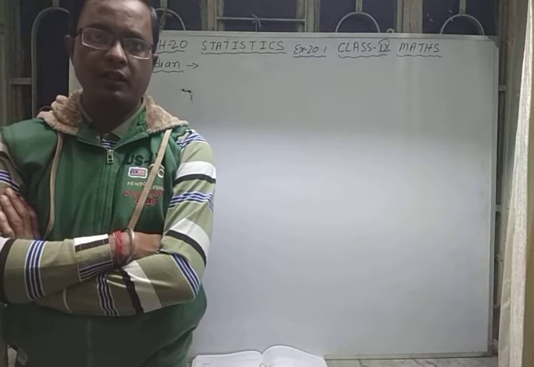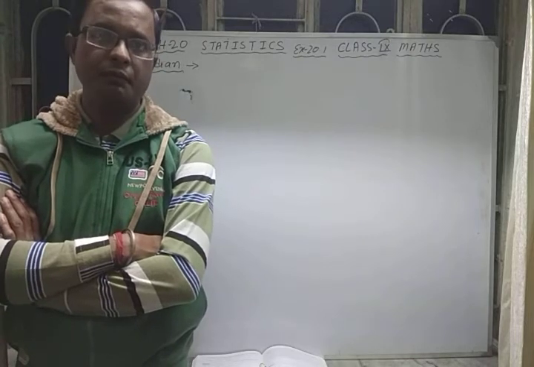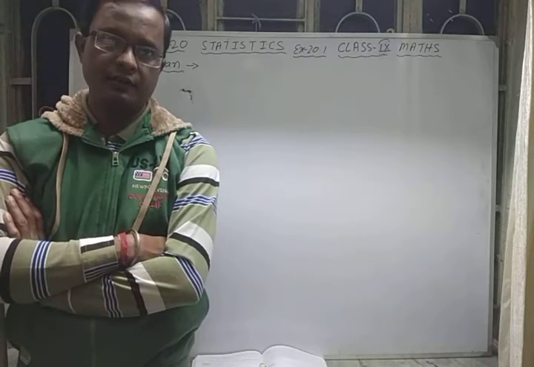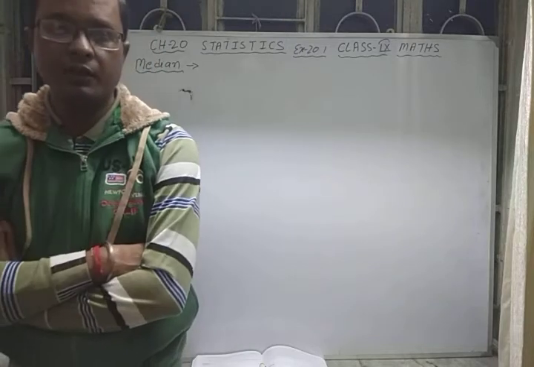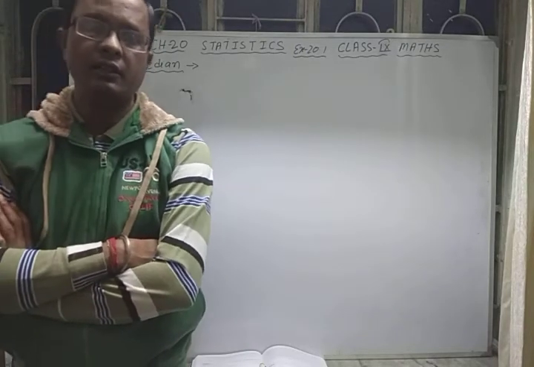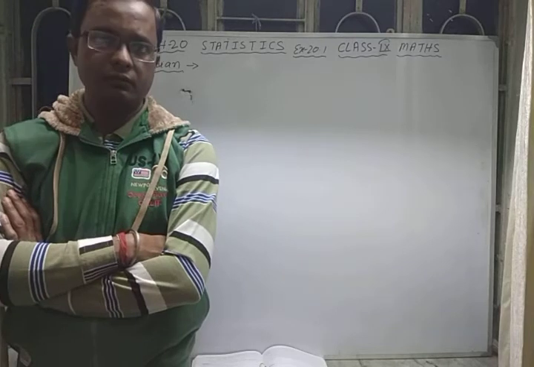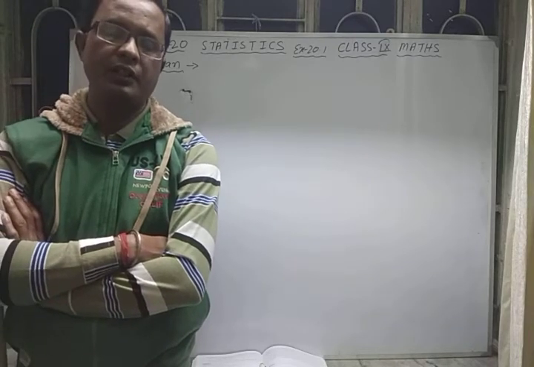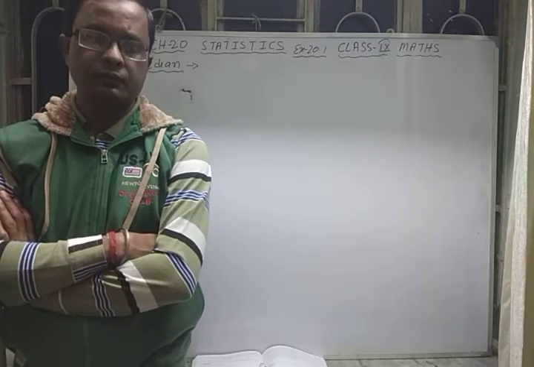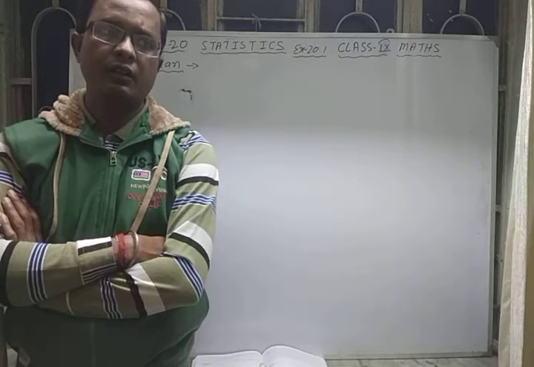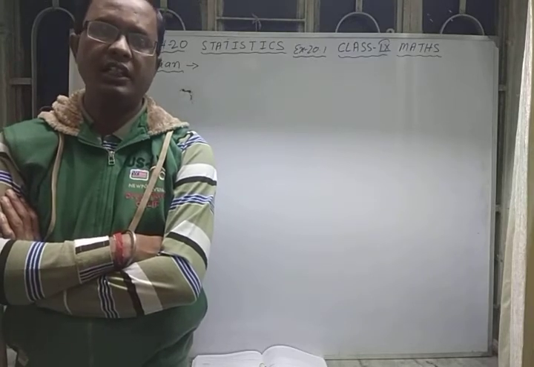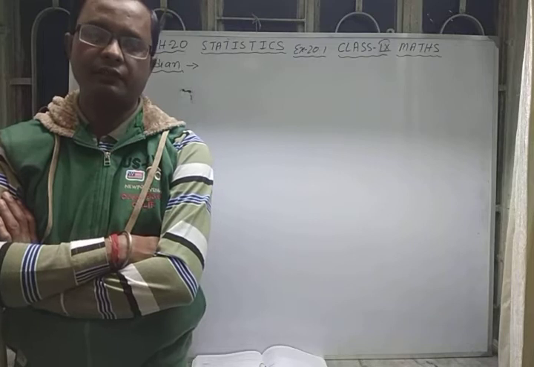We have seen how to find the mean of ungrouped data. You know very well, the random data that we collect are called ungrouped data. Today we will see how to find the median of ungrouped data.